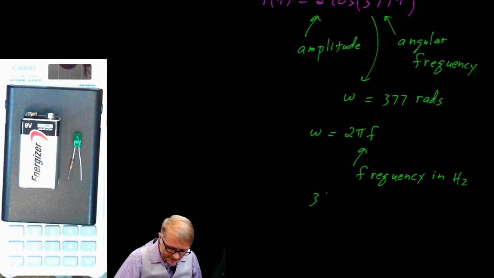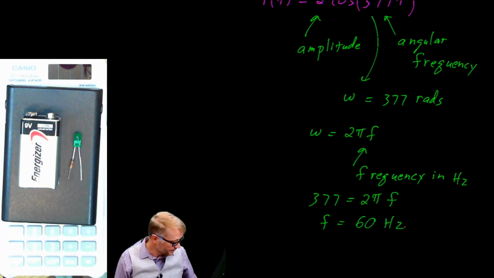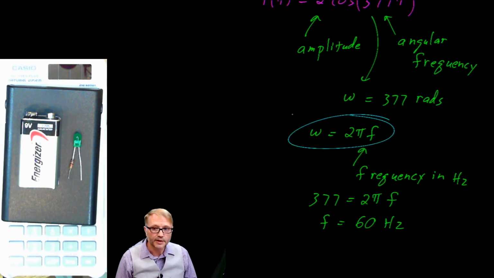So 377 is equal to 2 pi f. Turns out that f is equal to 60 hertz, which is the frequency of your power line. By the way, while we're here, why don't you go ahead and put that down on your note card. You're going to be using that one from time to time in the class.